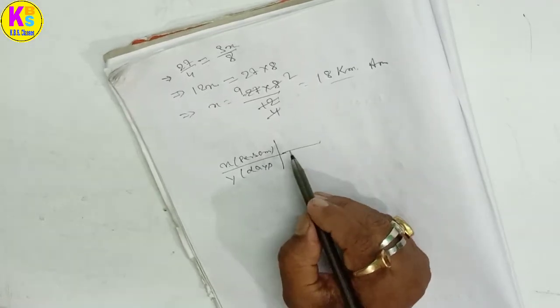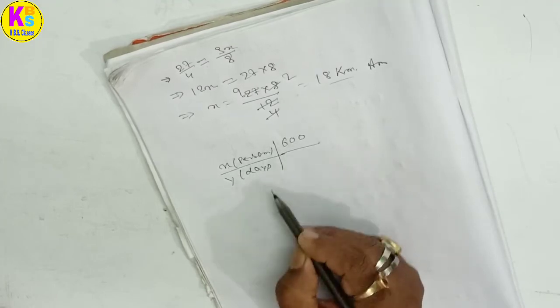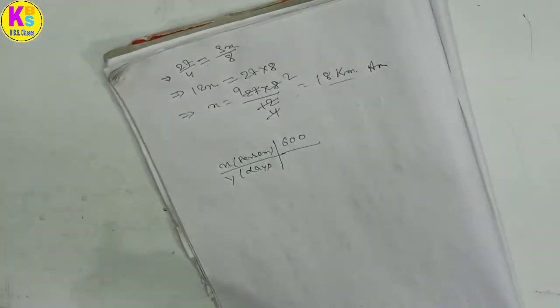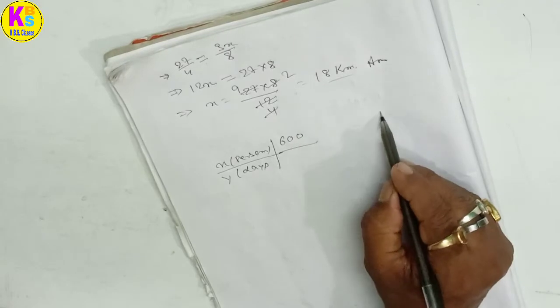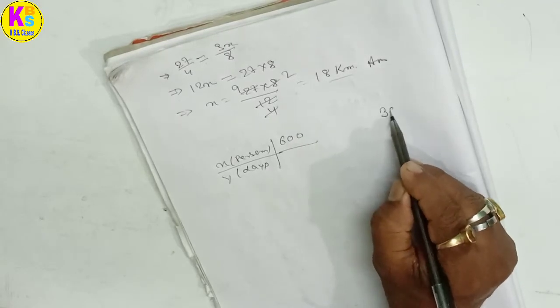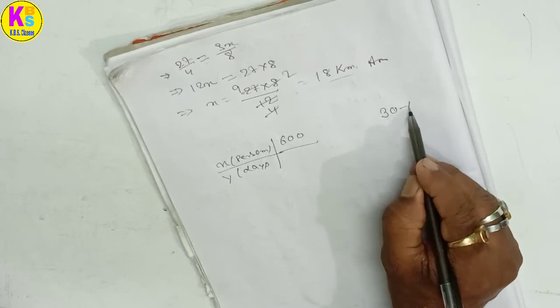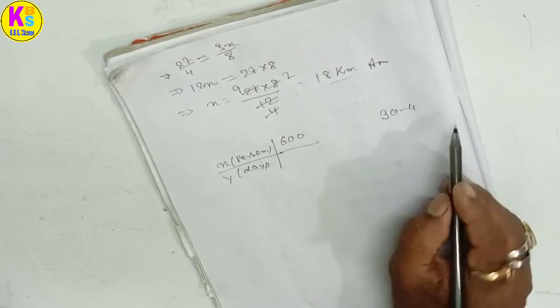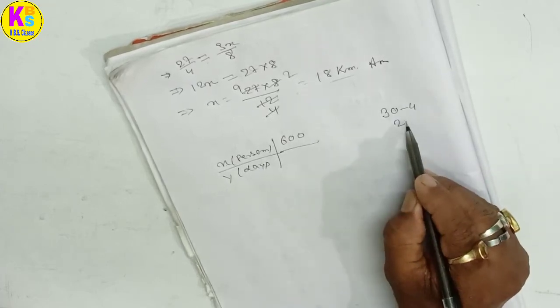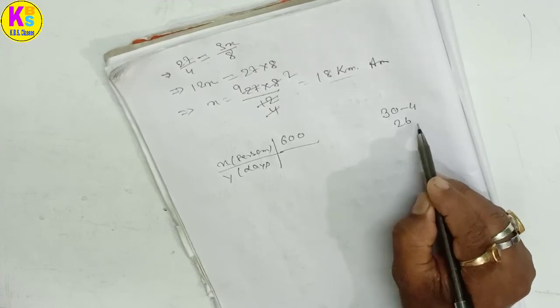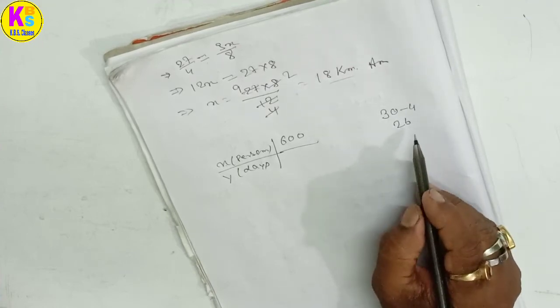When there are 600 persons, the remaining food was for 30 days, and out of the 30 days, 4 days have already been cleared, so the remaining days are 26 days only.